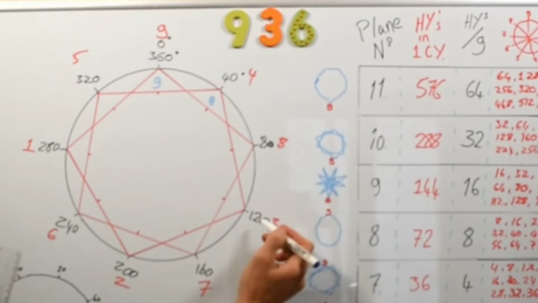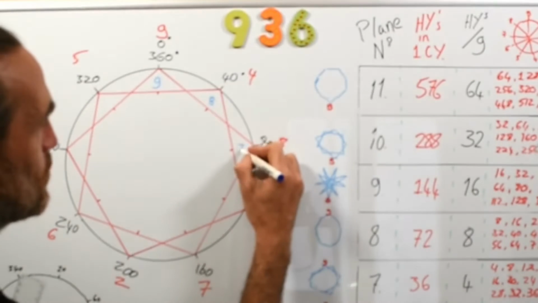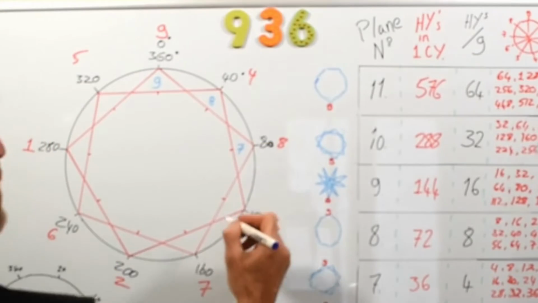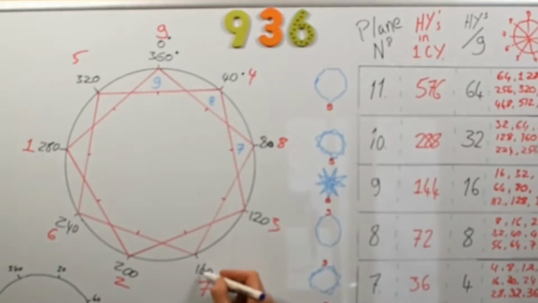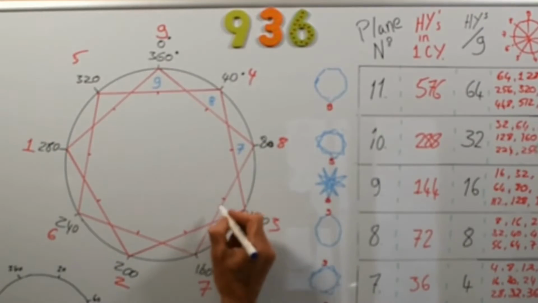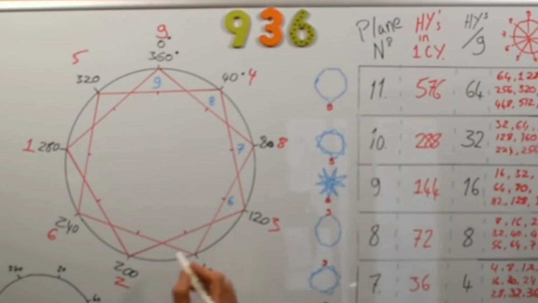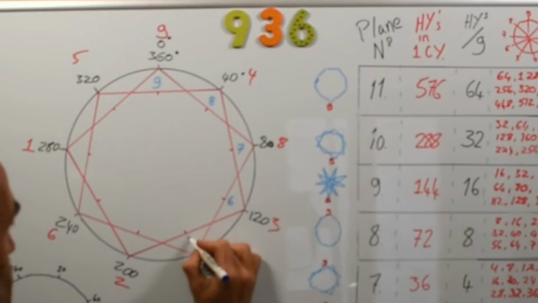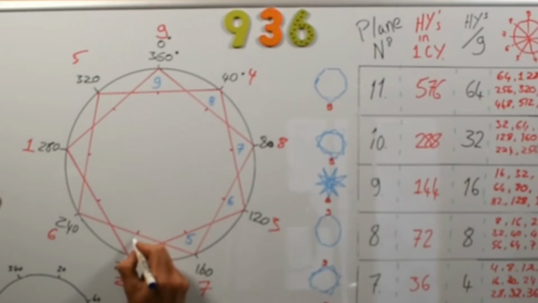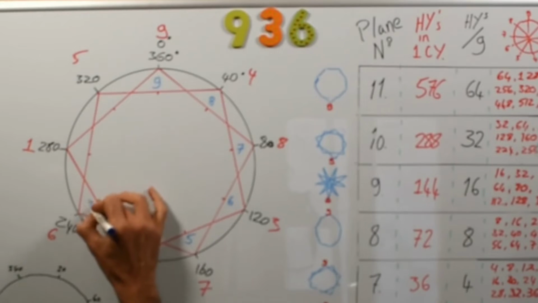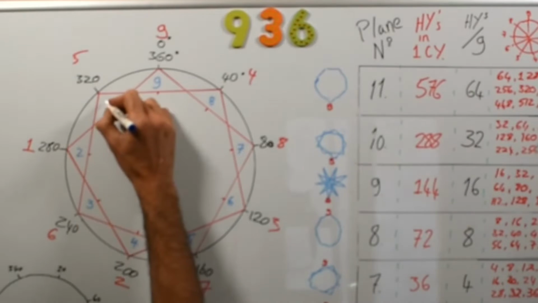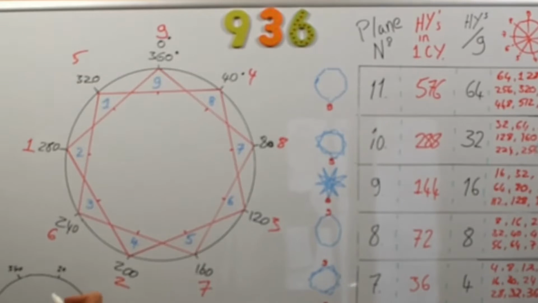40 plus 120 is 160, 1 plus 6 equals 7, 80 plus 160 is 240, 2 plus 4 equals 6, 120 and 200 is 320, gives you 5, and I'm going to fill in the rest here because that's what it's going to be: 5, 4, 3, 2, 1.